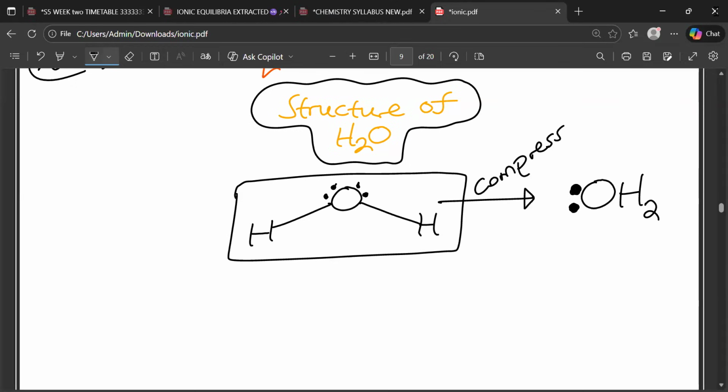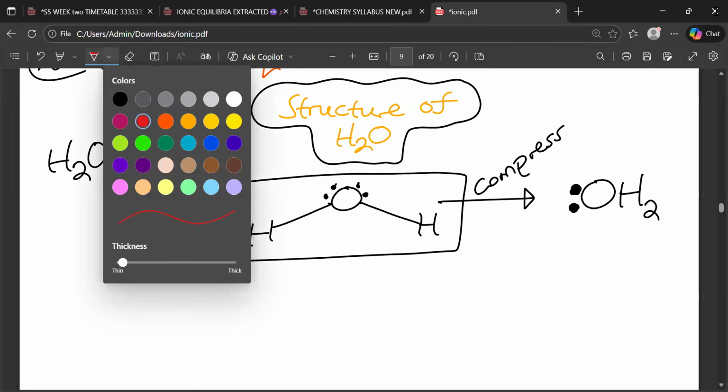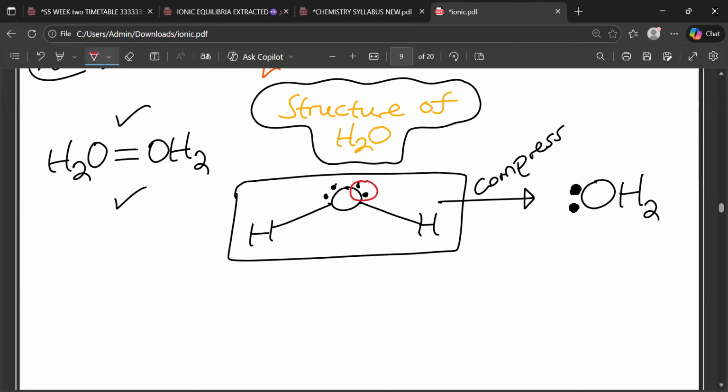So I want people to first appreciate and befriend the fact that water is also the same as this, though they may look different, but I've just used the mirror image. Okay, so you people know that these are electrons, and they are negatively charged.